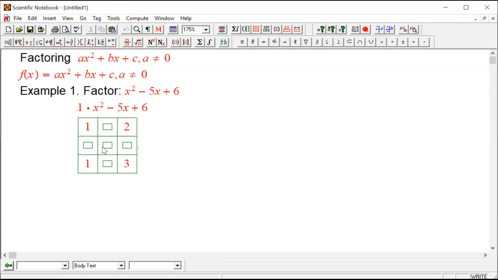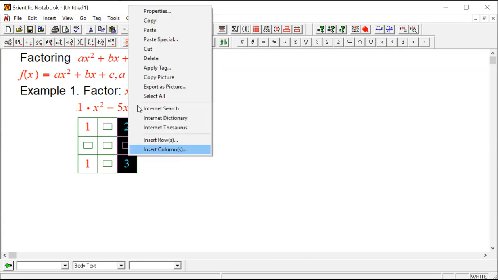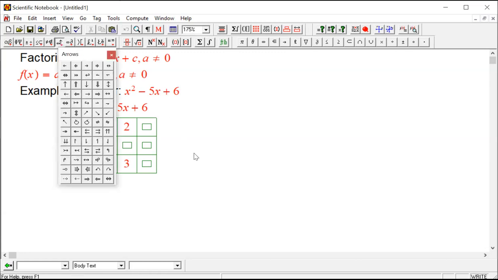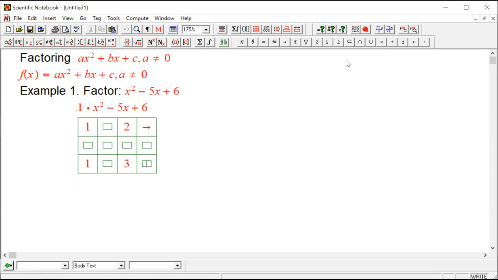And then we're going to do the cross multiplication, the cross product. I'm going to add a column. I don't think I can find a symbol for that cross multiplication here, so I can use other means. But anyway, we're going to use cross multiplication.